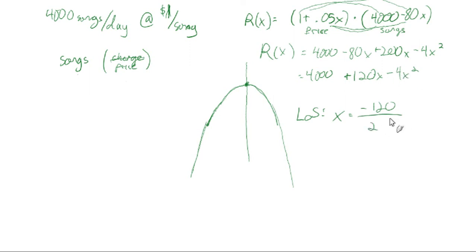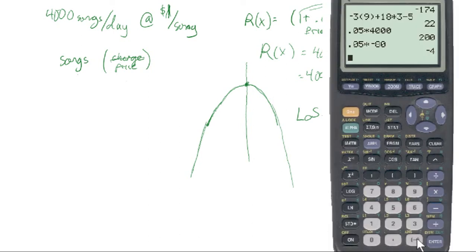A is the guy in front of x squared. Negative 4, so this is negative 120 over negative 8. And so negative 120 divided by negative 8 is 15.